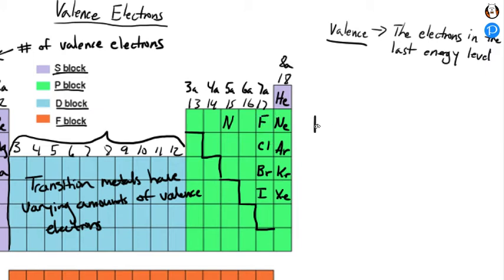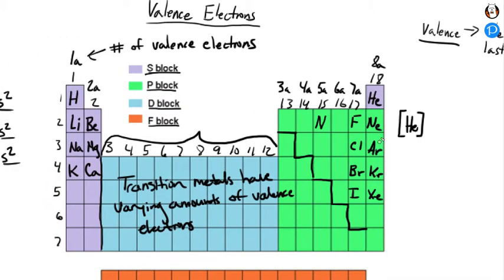We would have helium, and follow that all the way to fluorine. So from helium, we'd go 2s2, and then jump over here, and we'd have 2p5.